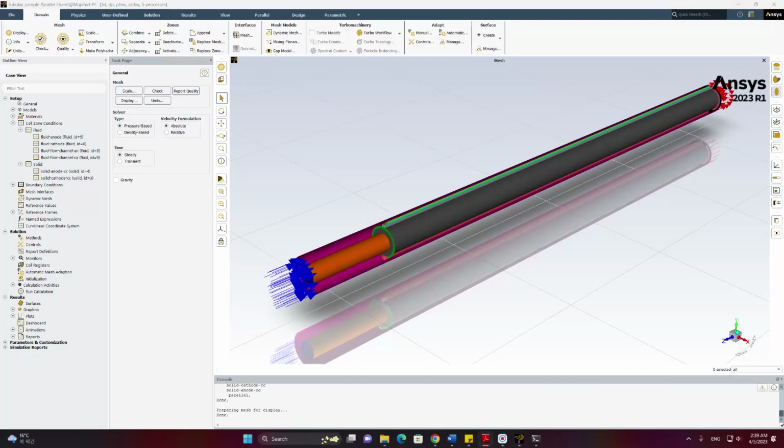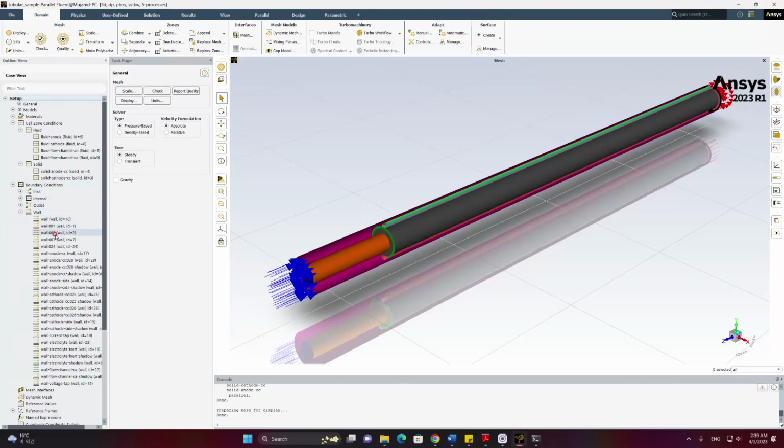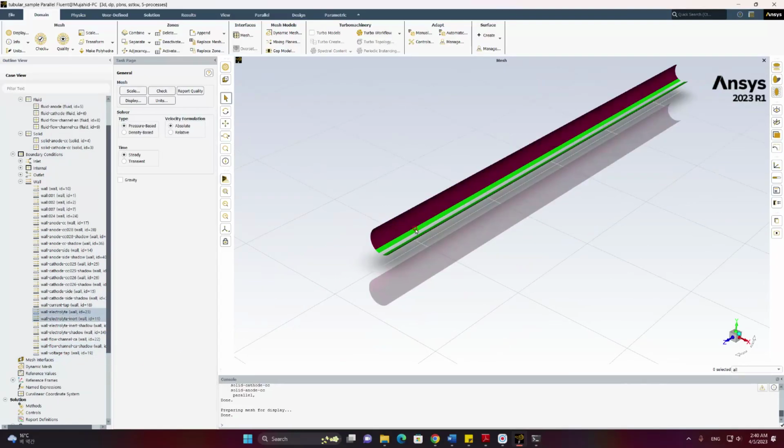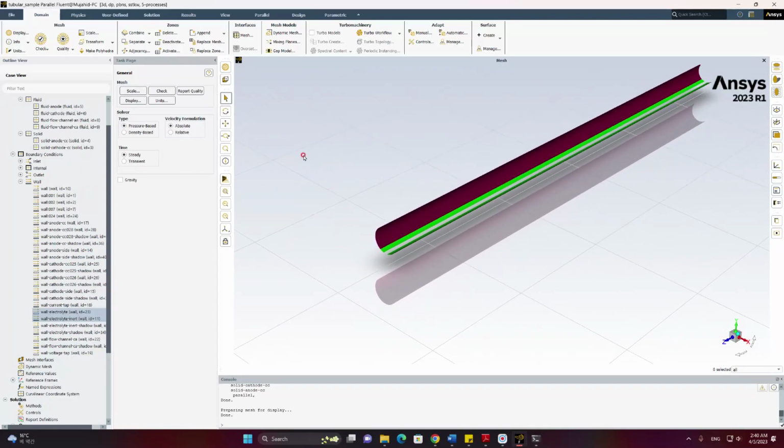It says to rename the wall electrolyte zone to wall electrolyte cathode. We can see the boundary conditions, and on the walls we can find what it says as wall electrolyte. Now this is wall electrolyte, and this is wall electrolyte inert, and we will also have the shadow for this wall electrolyte shadow. We can display both of these because of the outer face culling. It's showing as a cut region.